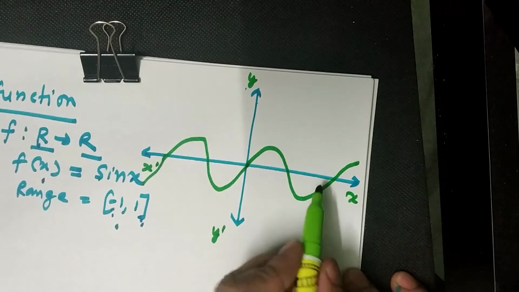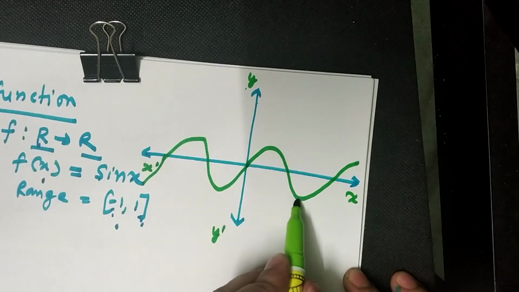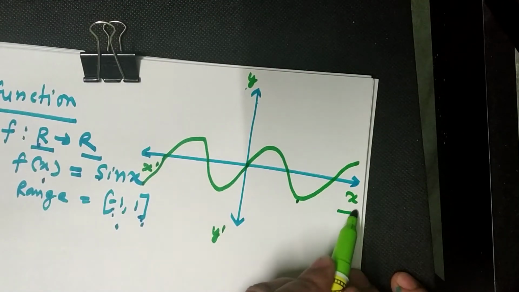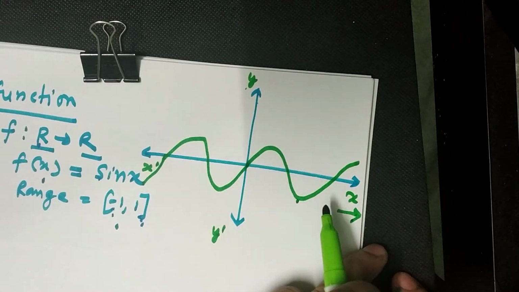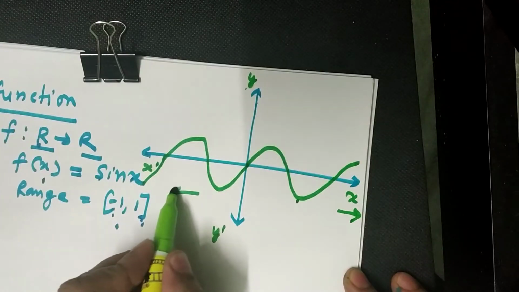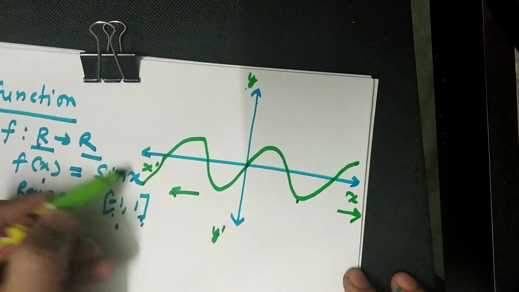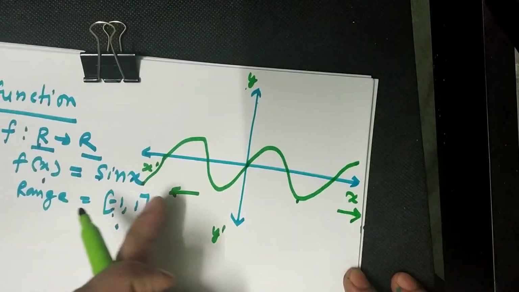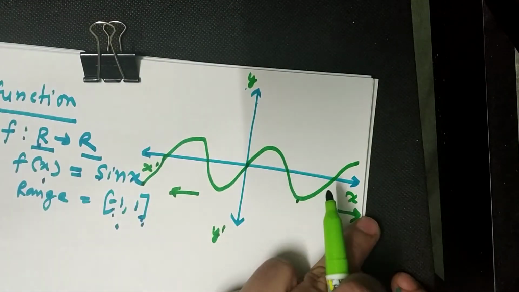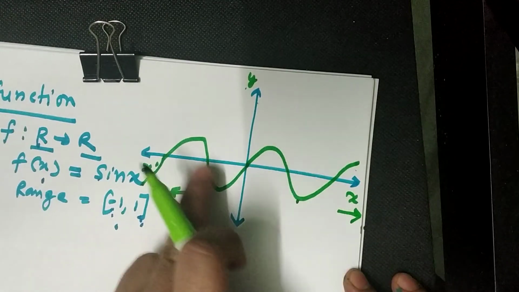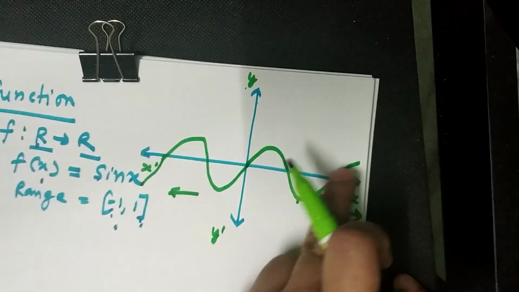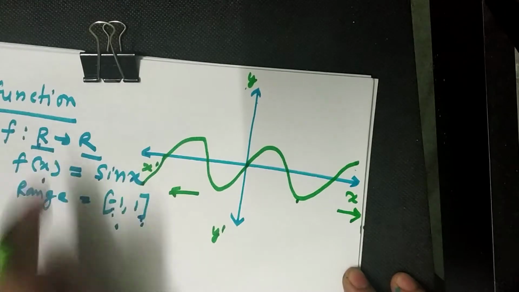Here clearly you can find a point on the graph for all values of x, tending to plus infinity, tending to minus infinity. The graph can be produced further on both sides. So the domain is R.